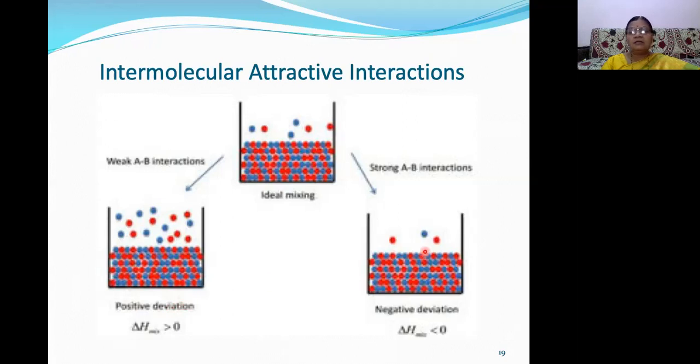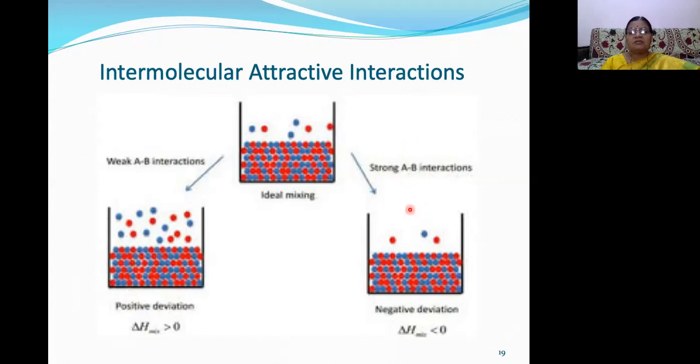On the other hand, if the solute-solvent interactions, A-B interactions, these intermolecular interactions are strong, in such a situation, as there is a strong attraction, the molecules have less escaping tendency to go into the vapor state, and therefore this results in a decrease in vapor pressure of the solution.